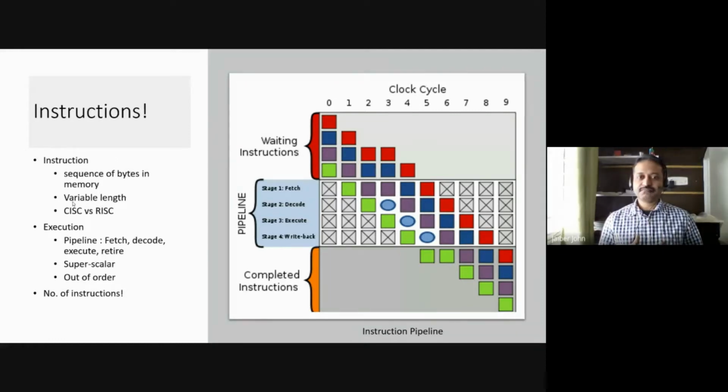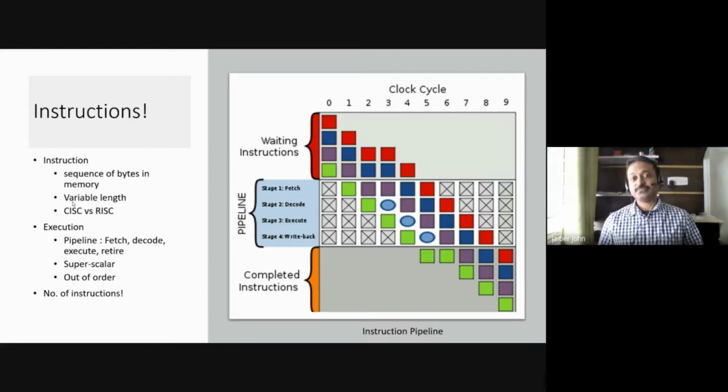Because of the variety of instructions, they're of variable length. Variable length here I mean, if the in instruction is 2 bytes or 3 bytes, an AVX instruction can be much bigger, like 16 bytes and so on. So that's what the complex instruction set is all about.